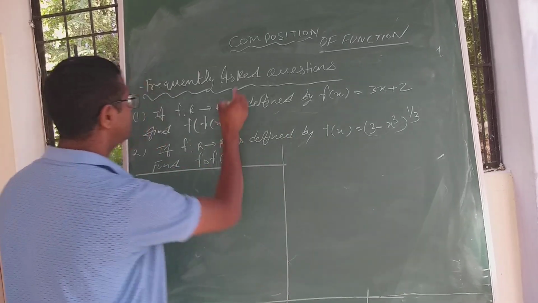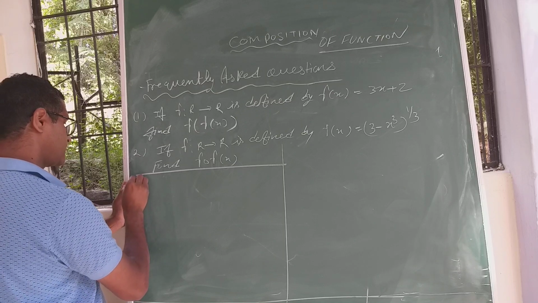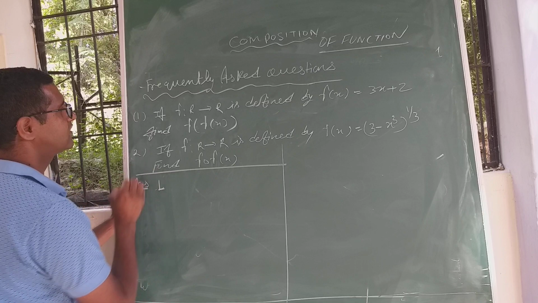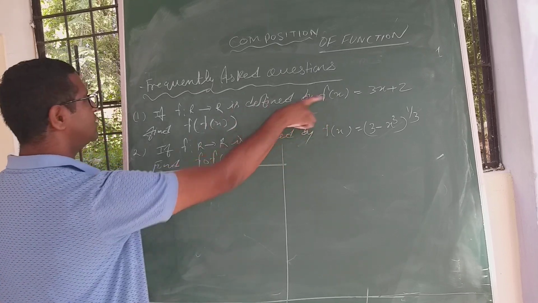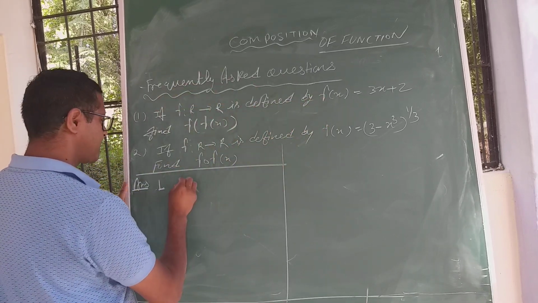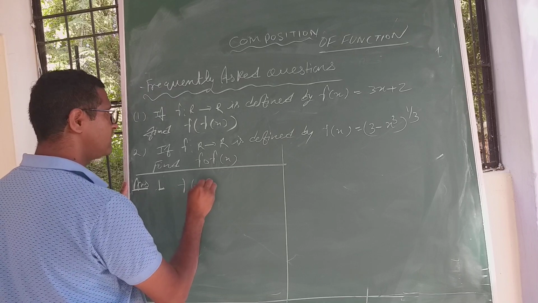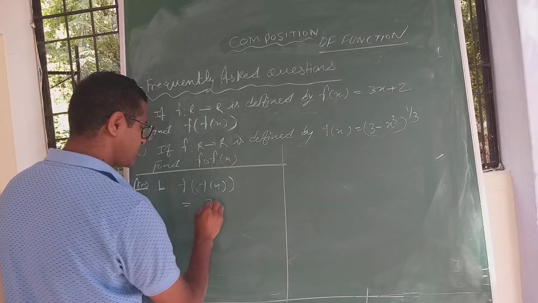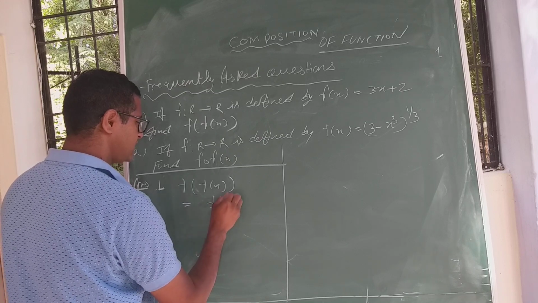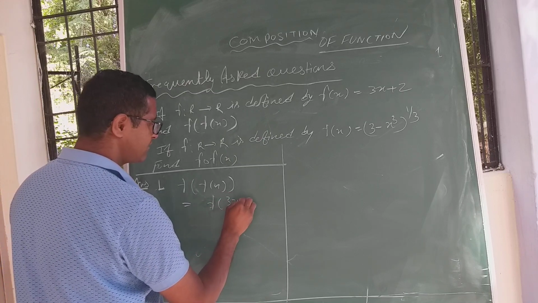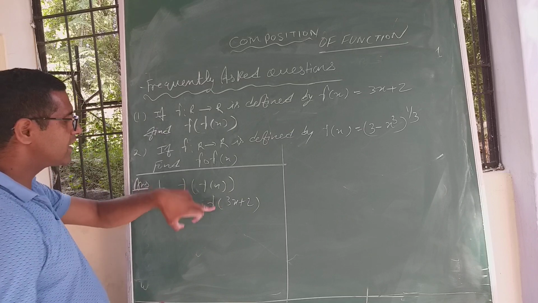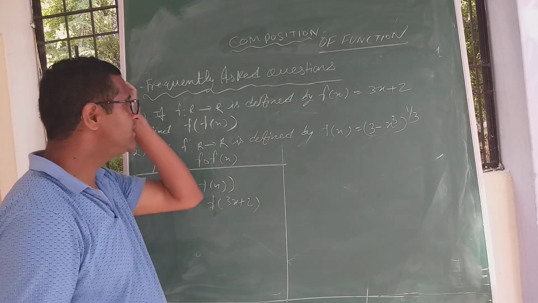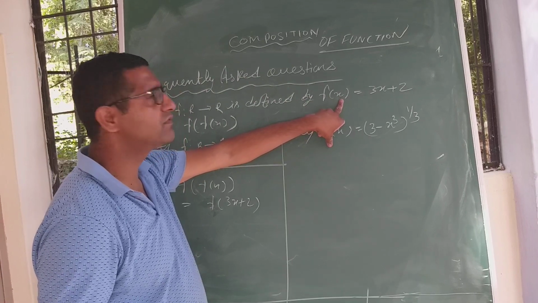Now the solution of the first one. f(x) is given, and you have to find f of f(x). What is f(x)? It is 3x + 2, so inside f you write 3x + 2. Now again you have to find f of 3x + 2, meaning whatever you put in the function, you get the corresponding result.